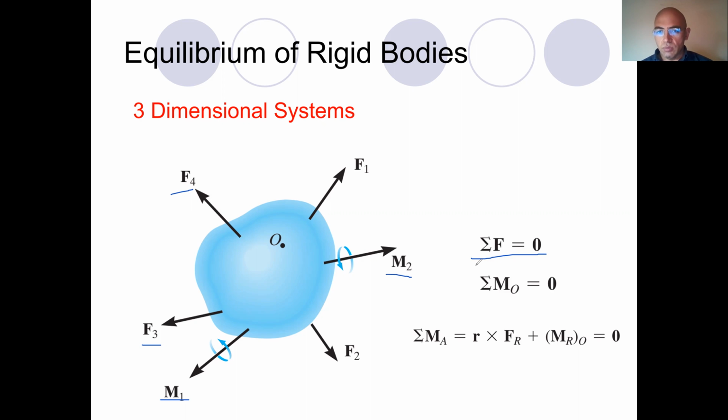Certainly, we have the moments acting on the object, and therefore the sum of the moments has to be equal to zero. These moments include the moments generated by the external forces and moments acting on the object. So these are the two equilibrium conditions for an object to be under static conditions.